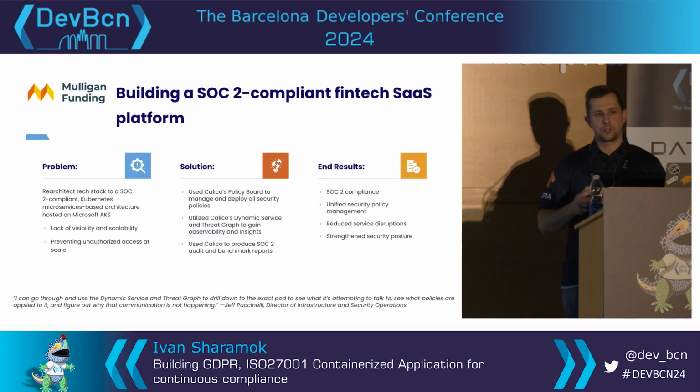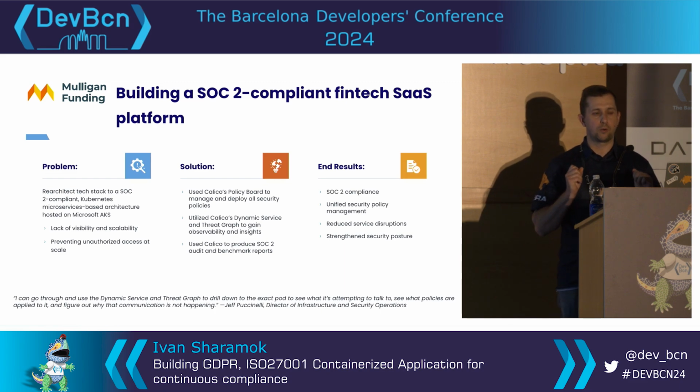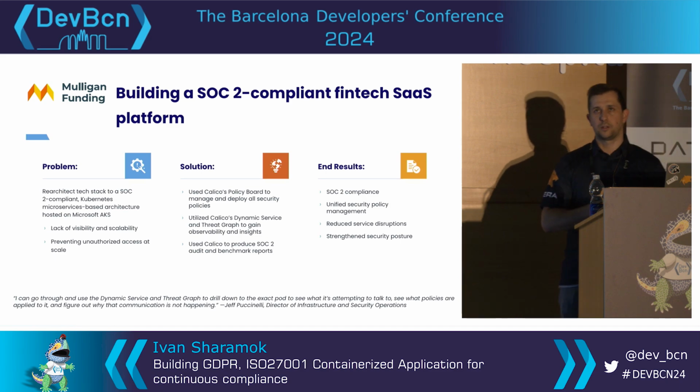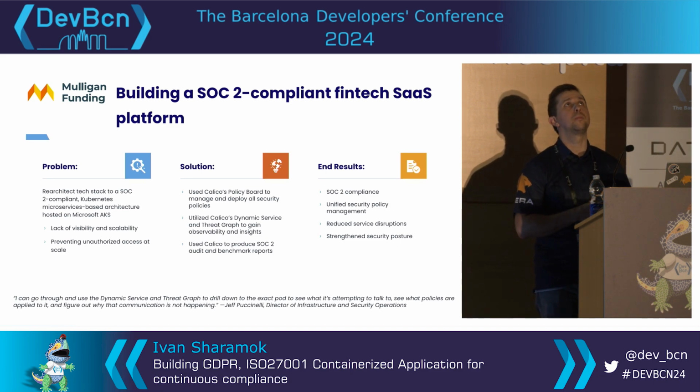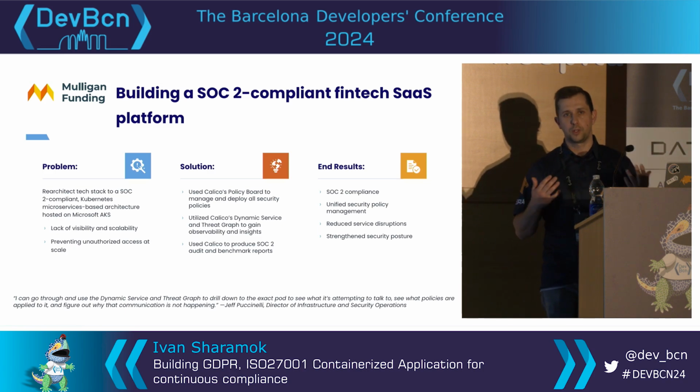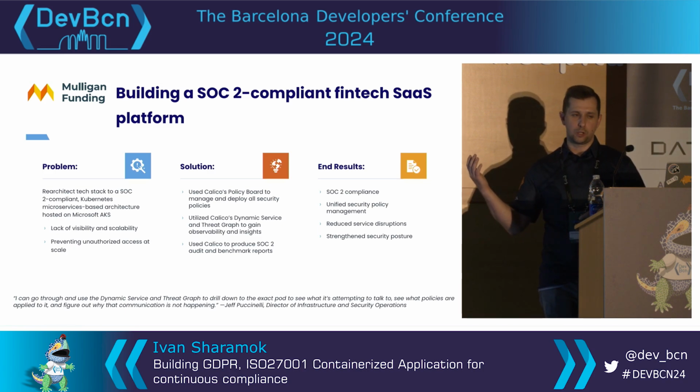One of our customers, a fintech SaaS vendor who built a fintech platform, used our commercial product. For fintech, or for a lot of SaaS platforms, we have Calico Cloud as our SaaS offering. We as well have to be compliant with the SOC 2 standard.